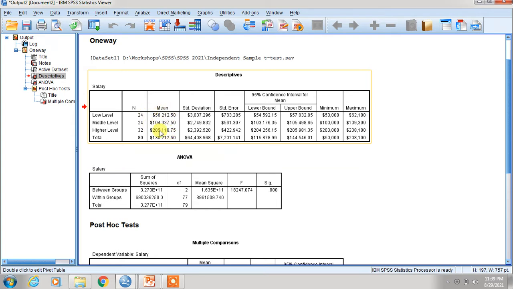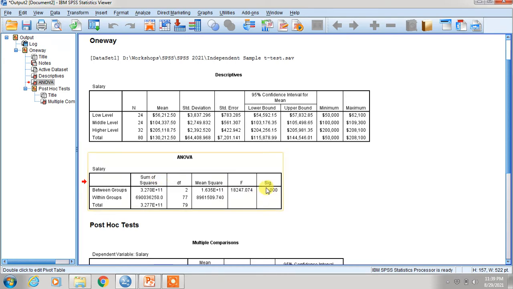So it is also clear from here that the mean value or the average salary of each job level is different. Now this ANOVA will tell us whether their salary is same or different.